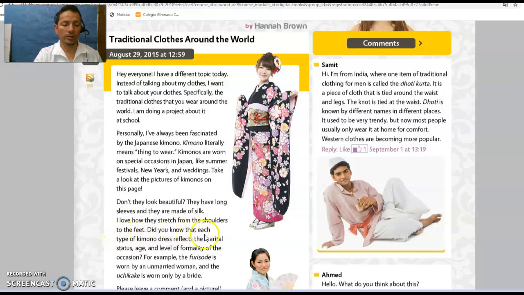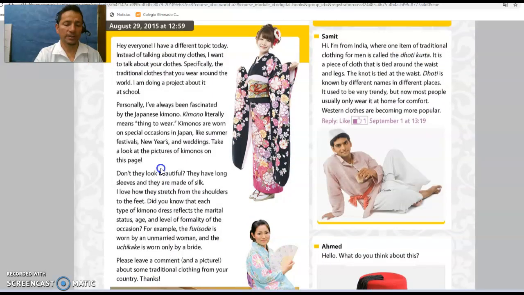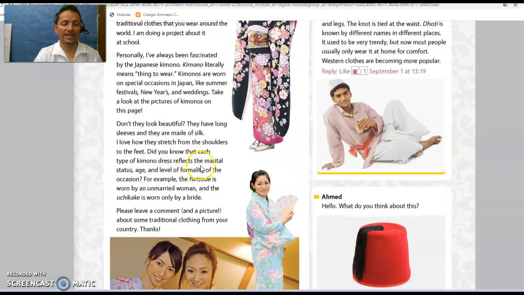Did you know that each type of kimono dress reflects the marital status, age, and level of formality of the occasion?